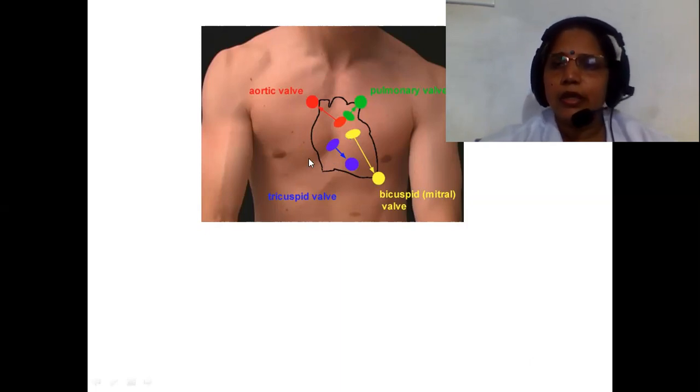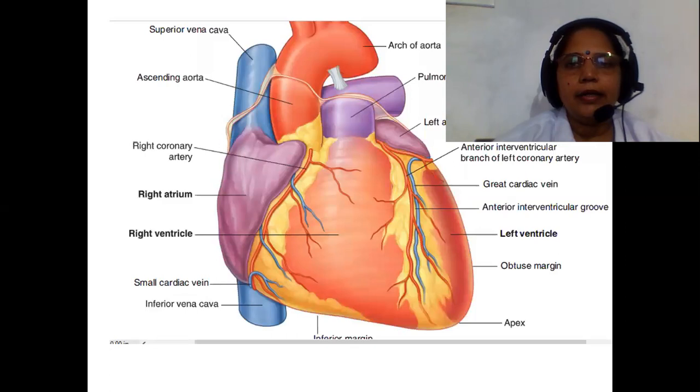That's why whenever we start any organ or any part of the anatomy, first we should know the surface anatomy, which means the deep structures that we examine on the surface part of the body.